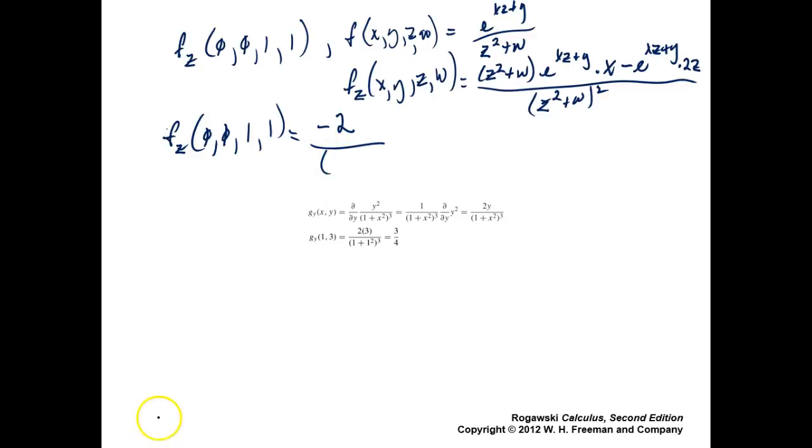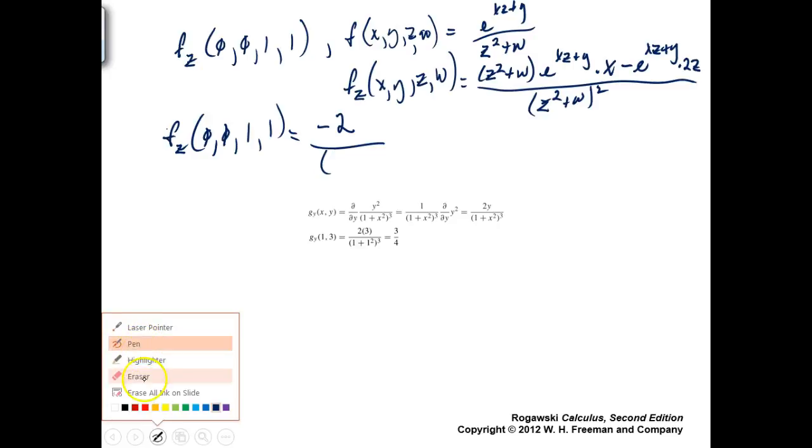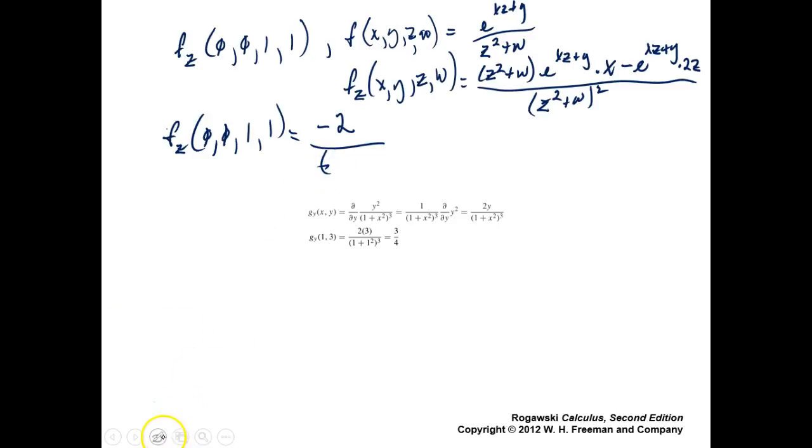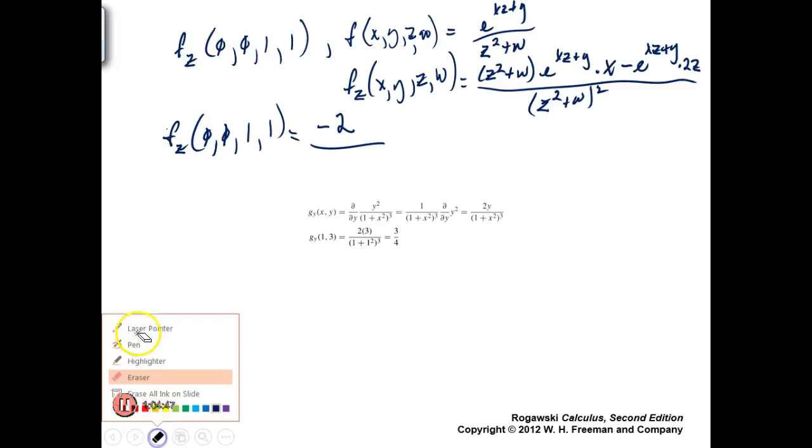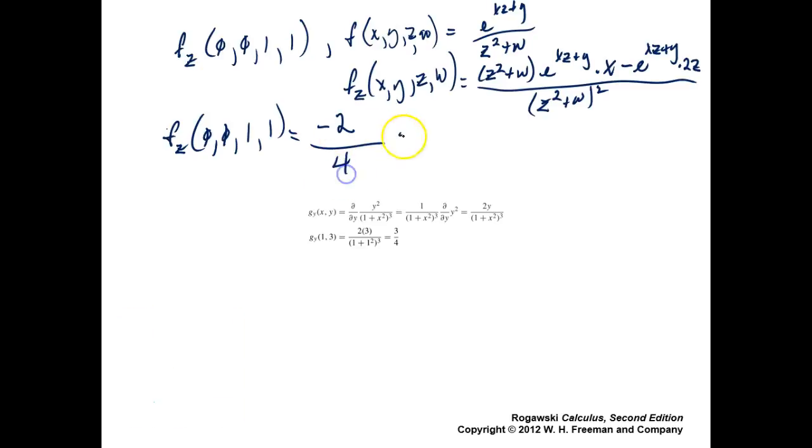So I don't need a parentheses, do I? Just over 4. And that would be negative 1/2. Don't do more than you have to. And that sure enough came up to negative 1/2.